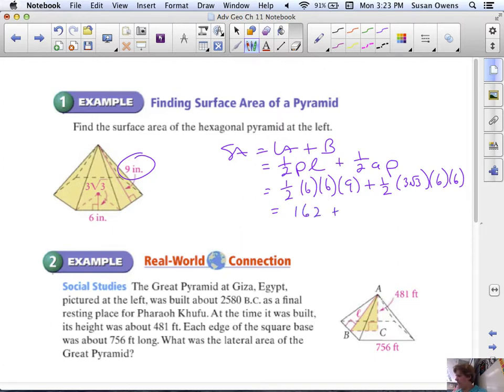And for the second part, I get 3 times 3 times 6, so 54√3. And I'm going to leave it like that. I'm not going to put it in my calculator. And since it's inches, it'll be inches squared.